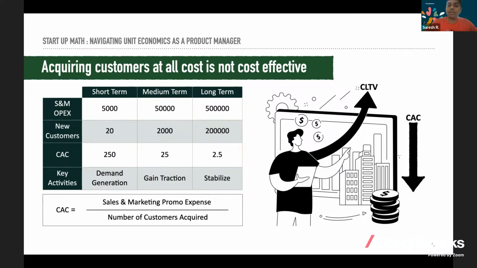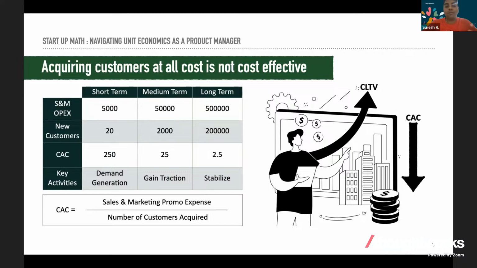There is a complete maturity at product level, as an organization, as competition comes into the market, and as a customer. It all ties back to those three C's, if you are able to relate that. So with that being said, your strategy for acquiring customers in the short term will be completely different from your strategy in the medium versus the long term.